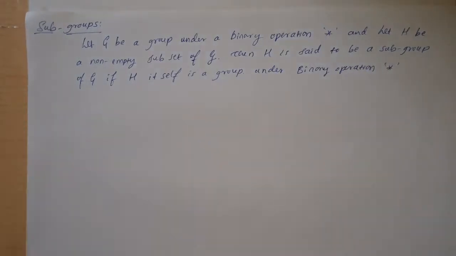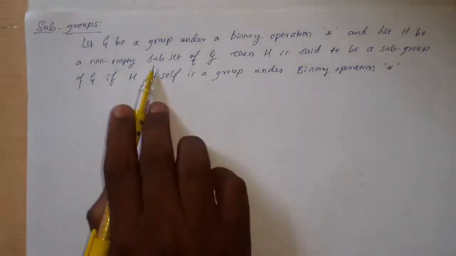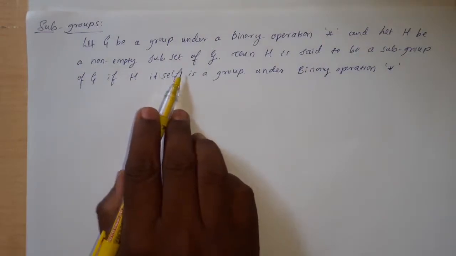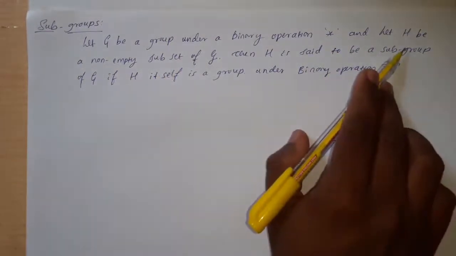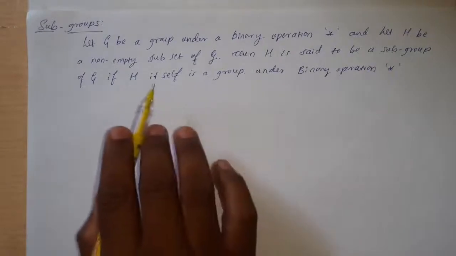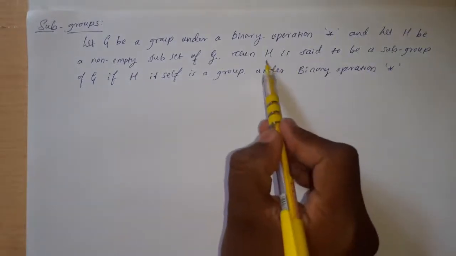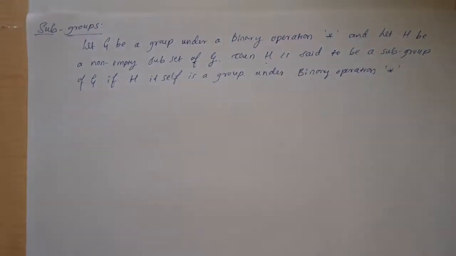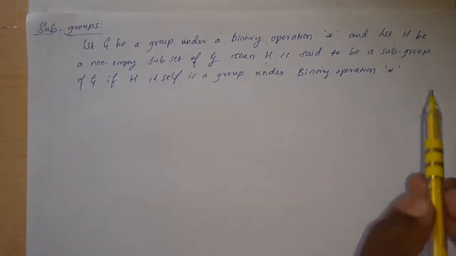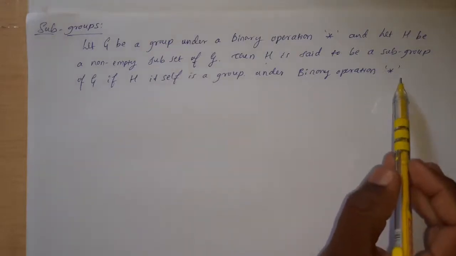So, here G is a group under the binary operation star and H is a non-empty subset of G. Here it is the subset, not the subgroup. So, here H is a non-empty subset of G, then this H is said to be a subgroup of G if H itself is a group under the same binary operation star.